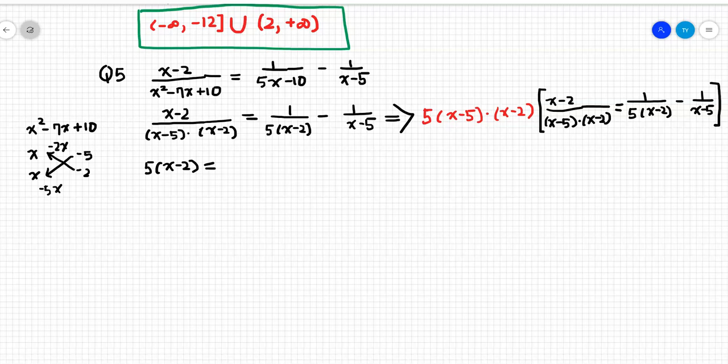And the first term on the right, you got 5 and 5 that cancel out, and the x - 2 and x - 2 cancel out, so the only thing that you're going to get is x - 5. And the last one, you're going to get what? x - 5 cancels out, giving you 5(x - 2).